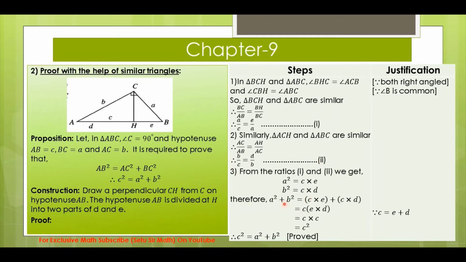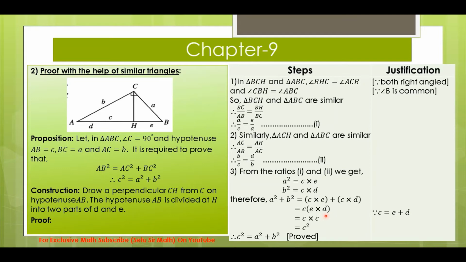Therefore, if we add these two equations, at first we add the left hand side, a square plus b square, equals, we add the right hand side, c multiplied by e plus c multiplied by d. If we take c common between these two terms, we get c multiplied by e plus d.